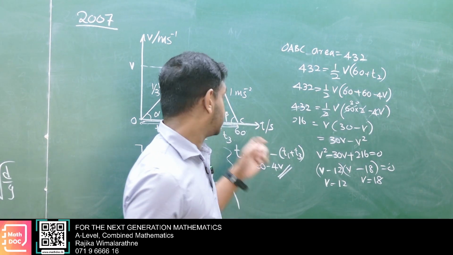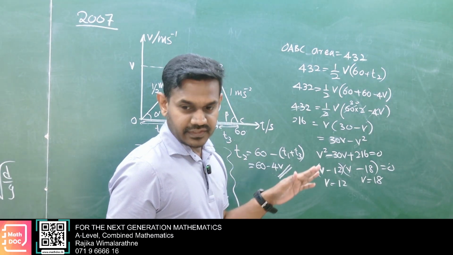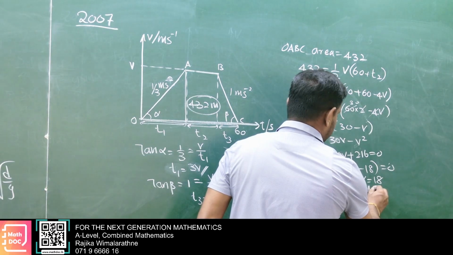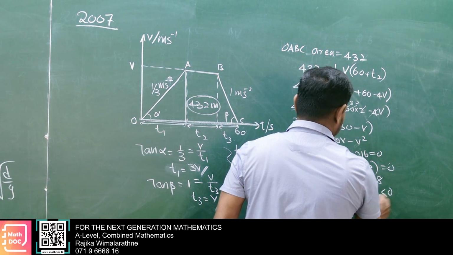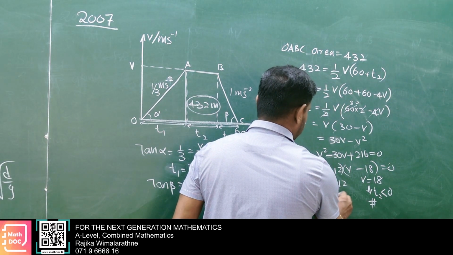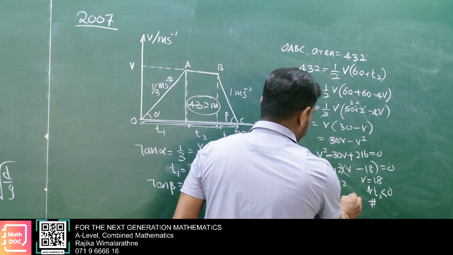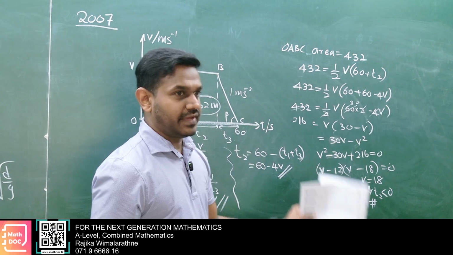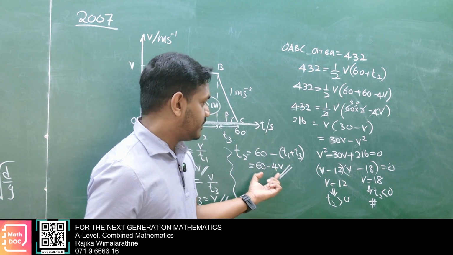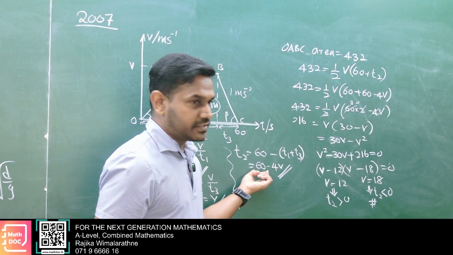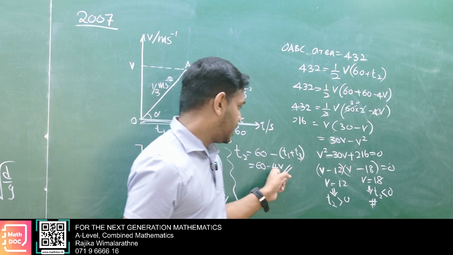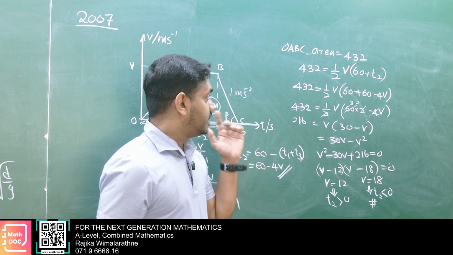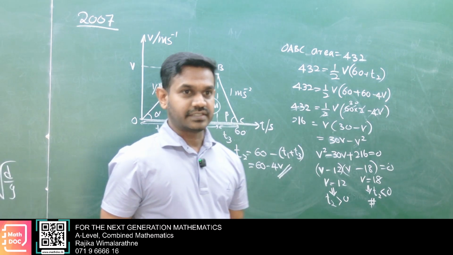That won't happen because it is clearly given there is a constant velocity stage. Therefore, with 18, t2 is negative, a contradiction. So v equals 12 is the value. It has constant velocity.